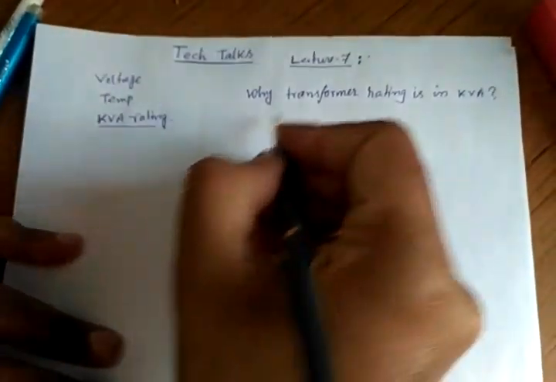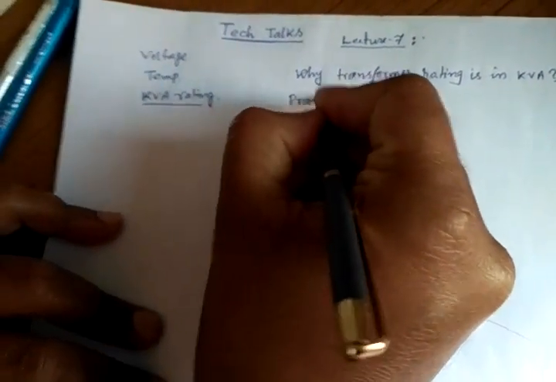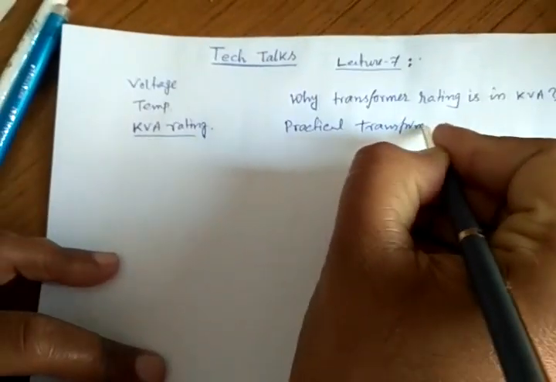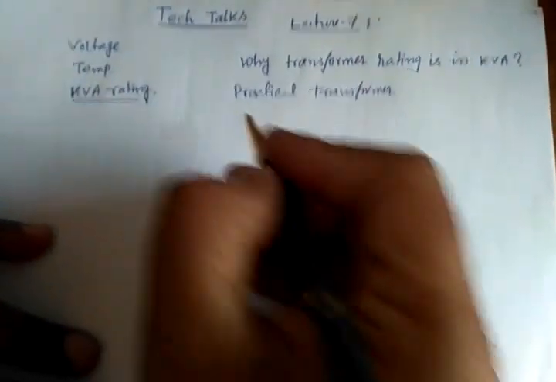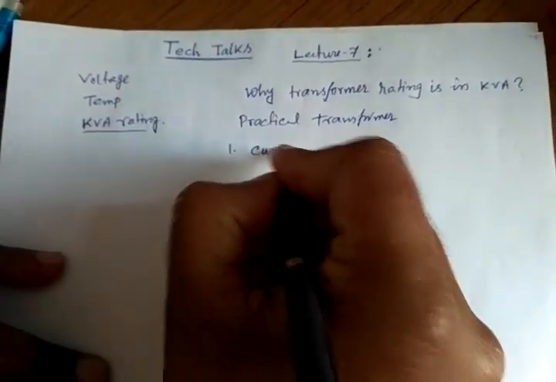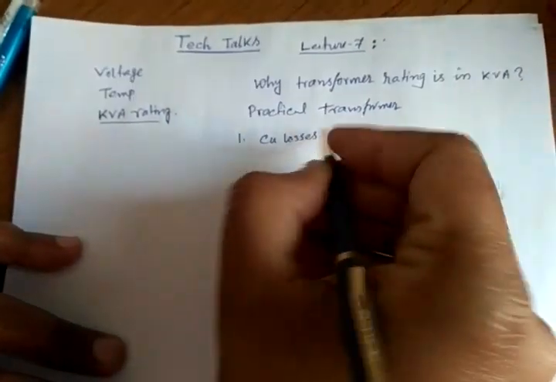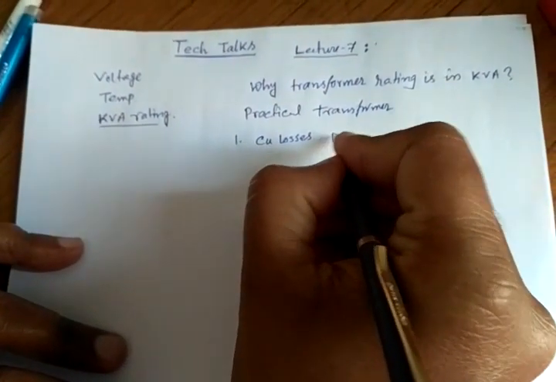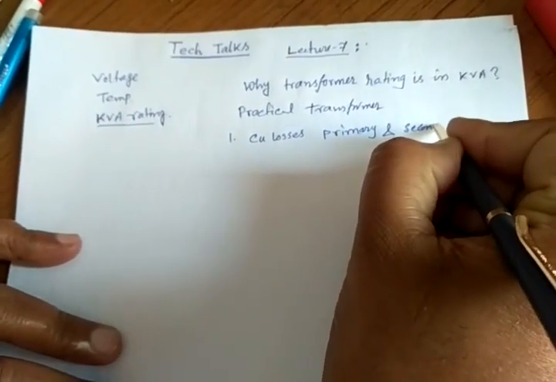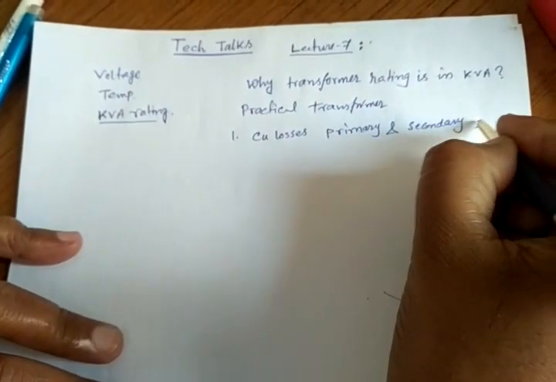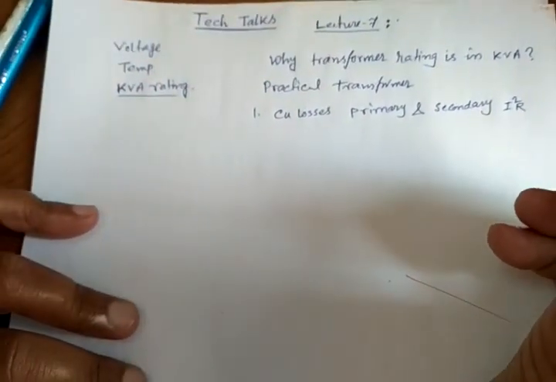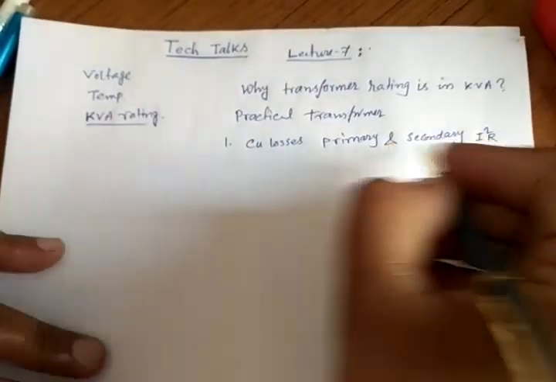But in case of a practical transformer, in the last video we have seen that there are multiple losses, like the winding losses or copper losses that occur in the primary and secondary winding. That is, these are the I square R losses, I1 square R in the primary side and I2 square R in the secondary side. These are the copper losses.